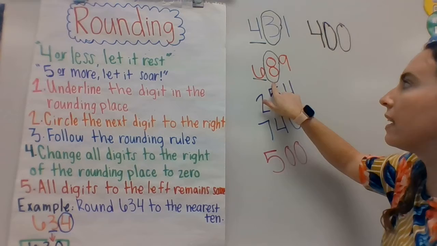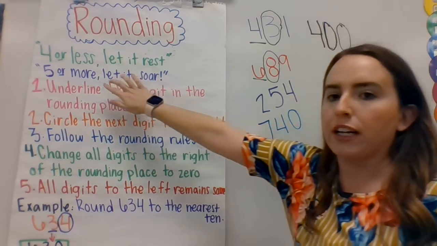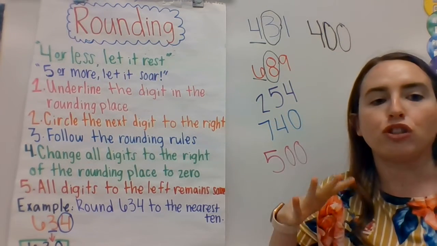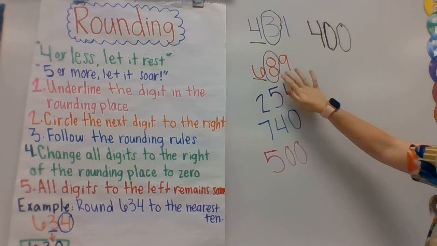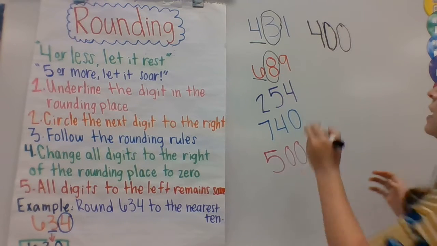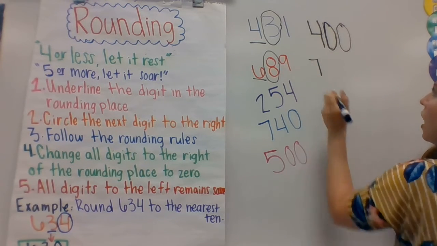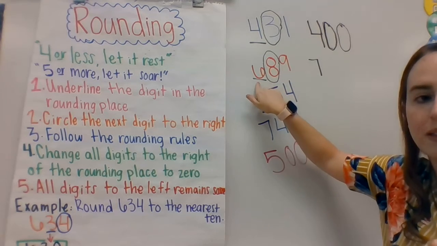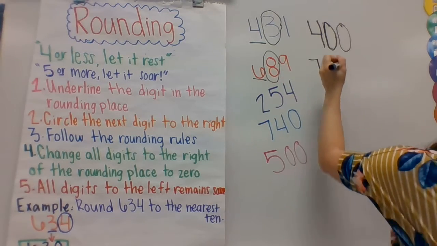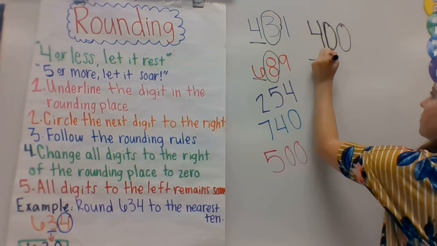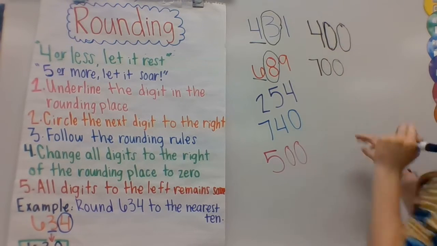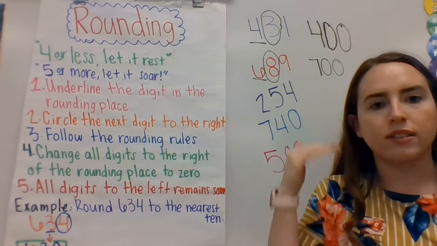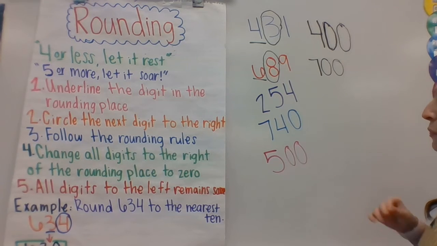And I know 8 is greater than 5, so I know I need to round up. So 689 is going to become 700 because I changed the 6 to a 7 and all the other digits become a 0. So 689 rounds up to 700.